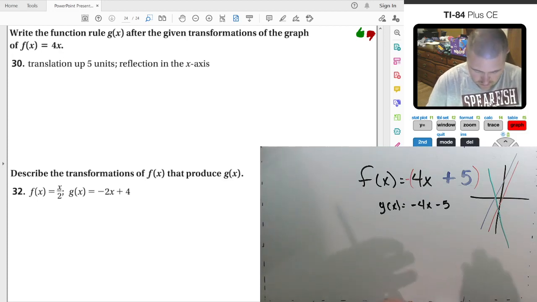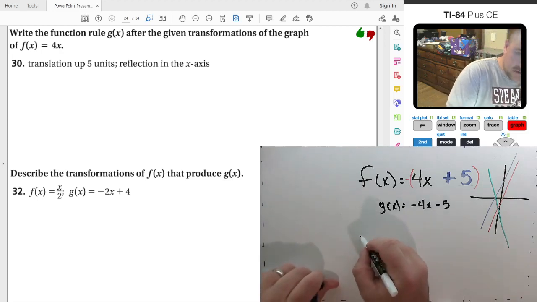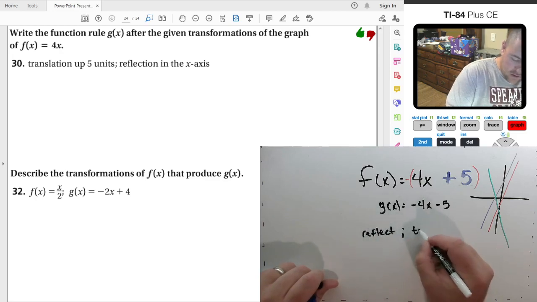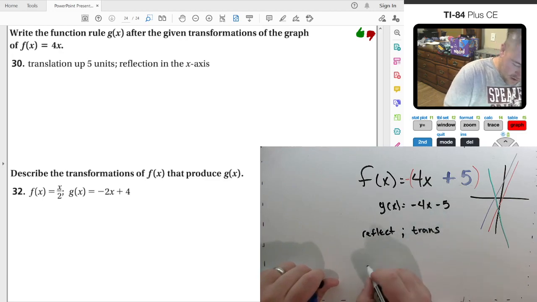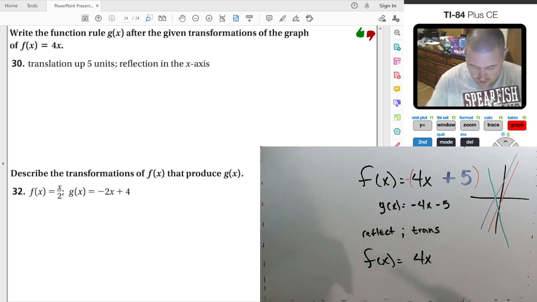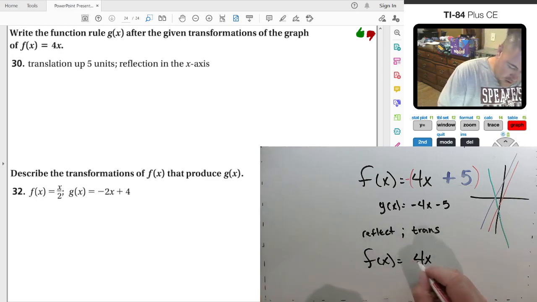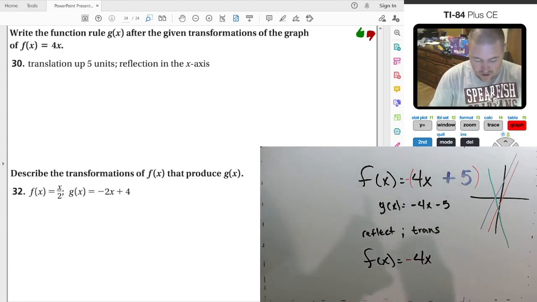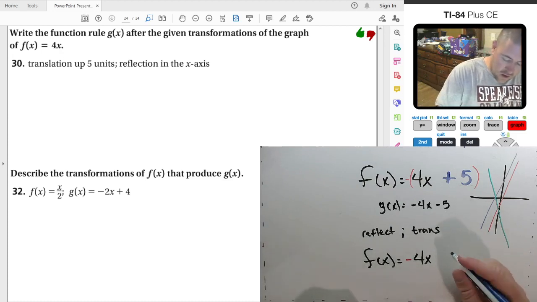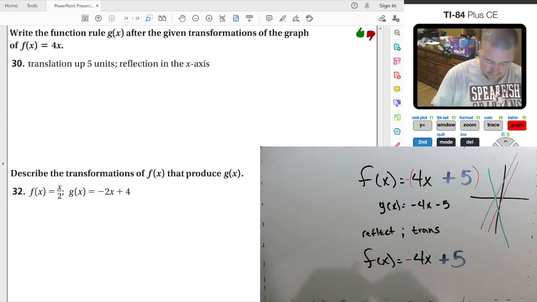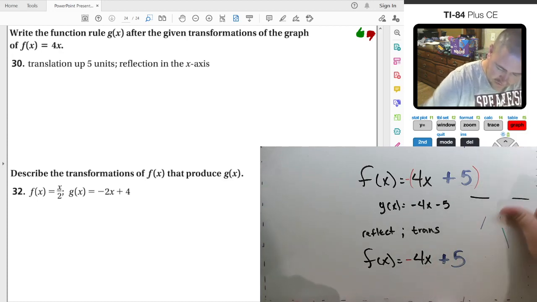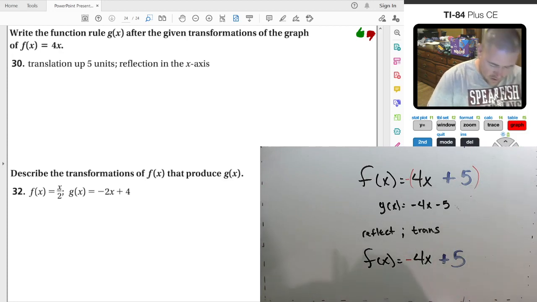Versus if I had said reflect, then translate, now I would have negated the whole thing, but that's the only thing there, and then gone up 5. What that would look like instead, I just got to get rid of the whole thing, don't I?